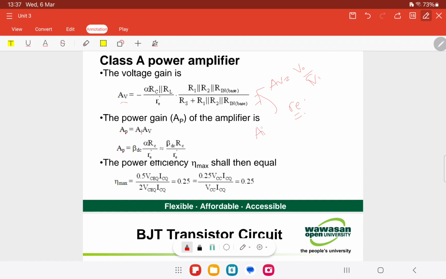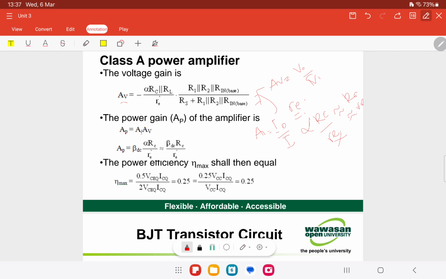AI is the current gain, meaning I out over I in. The large signal current gain AI is approximately equal to beta DC, or also equal to alpha, RC over small re, equivalent to RC over RE.